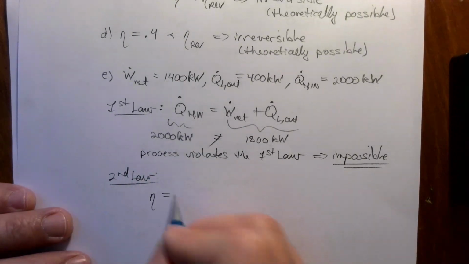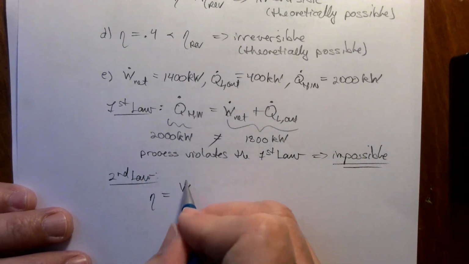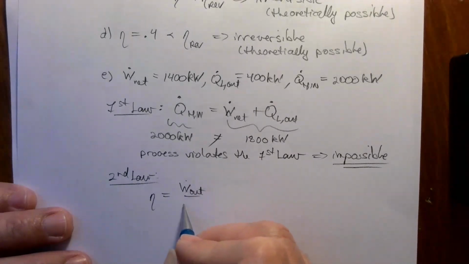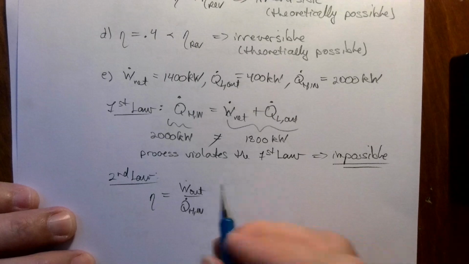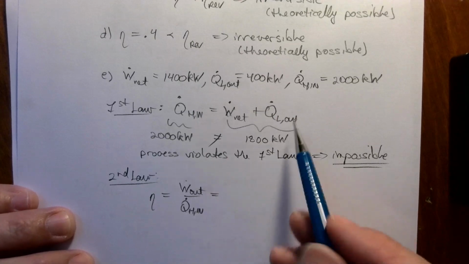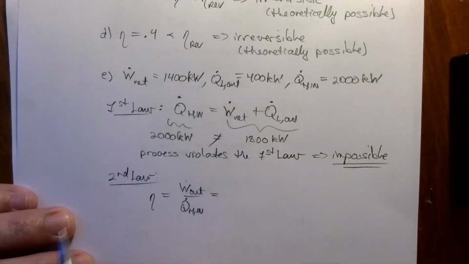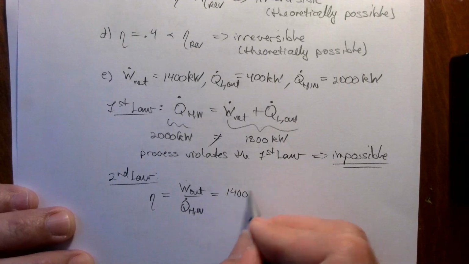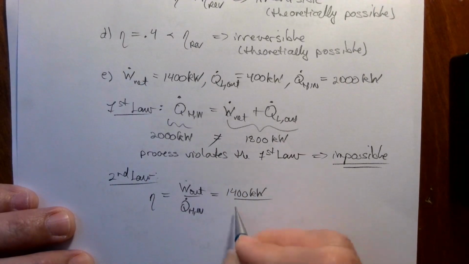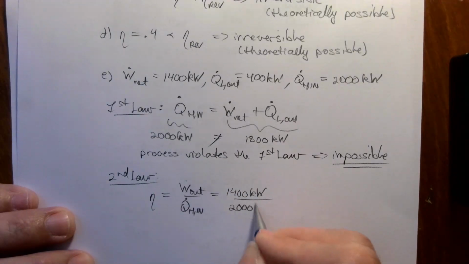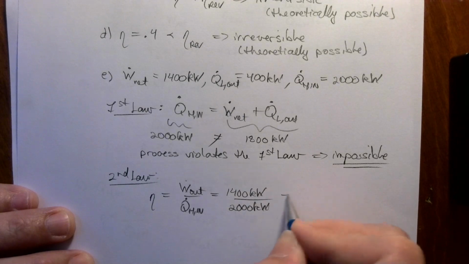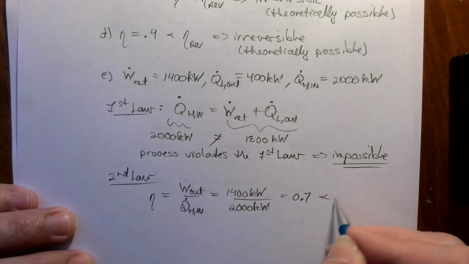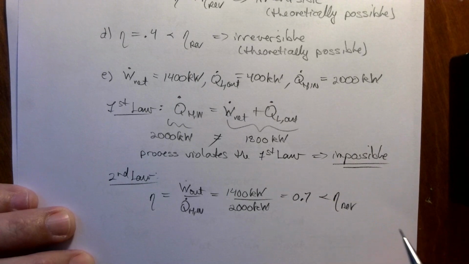For the second law, we'll use the thermal efficiency again, W dot out divided by QHN. If we use the numbers they give us, not attempting to make some correction for the first law, this will give us 1400 kilowatts divided by 2000 kilowatts, which is 0.7, less than the reversible case.